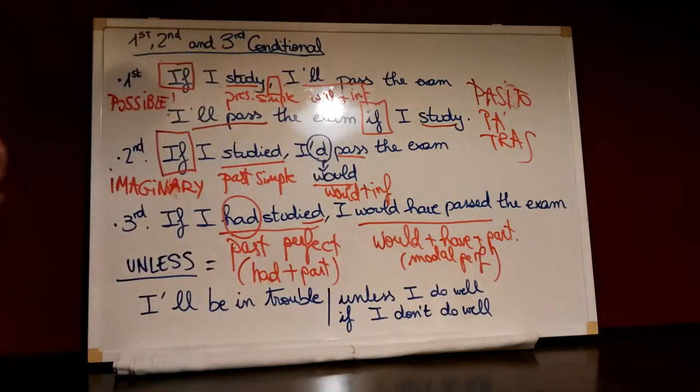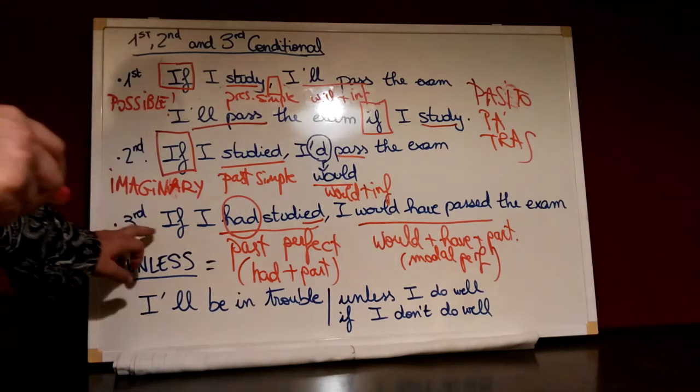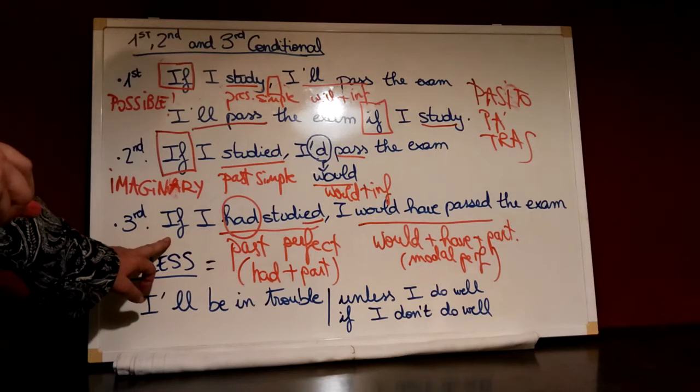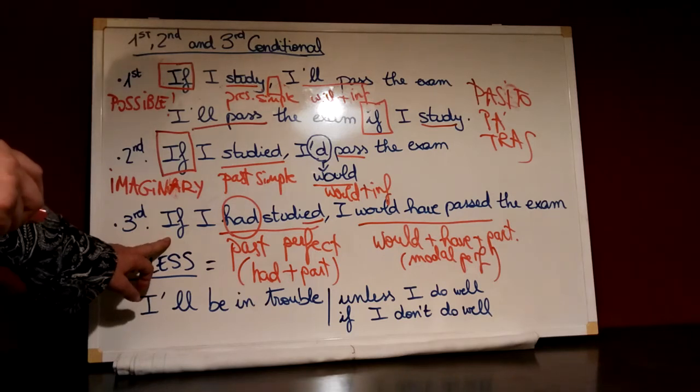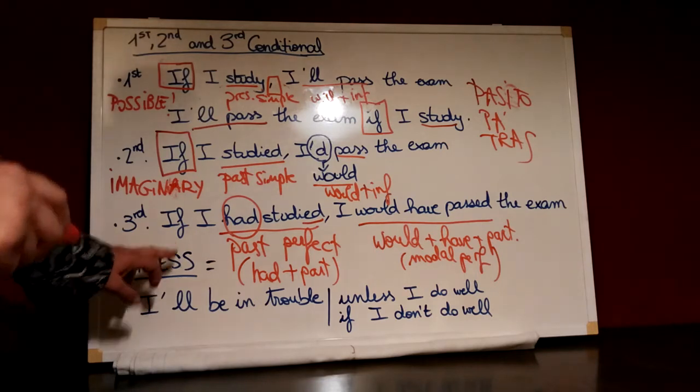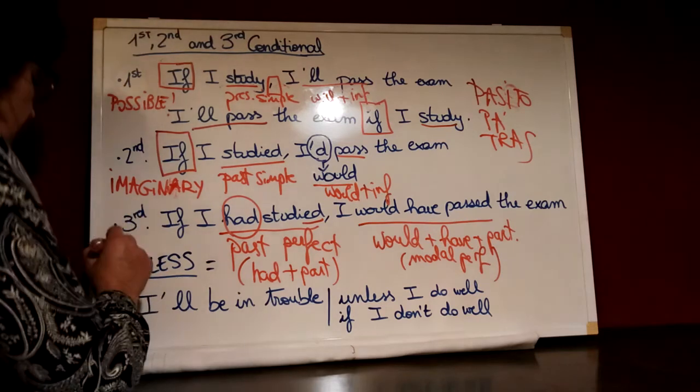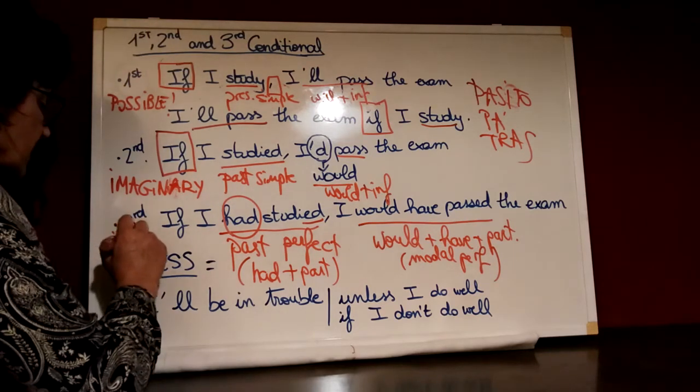All right, and let's think about the meaning. When you say, if I had studied, I would have passed the exam, you're talking about a situation that is not real anymore. You are just thinking about something that could have been like that, but it is completely impossible. You cannot go backwards. You cannot go into the past and change it.